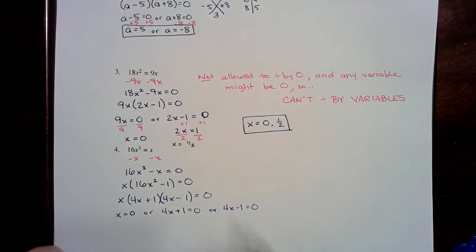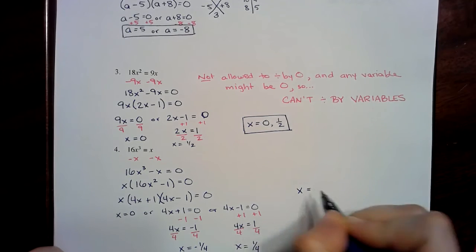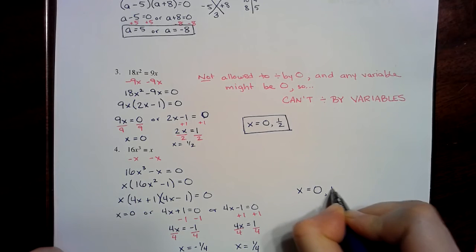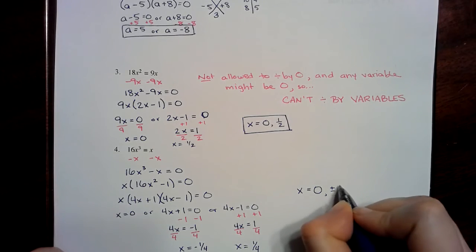So let's solve each of these. So my final answer is that x could be 0, or x could be positive or negative a quarter.